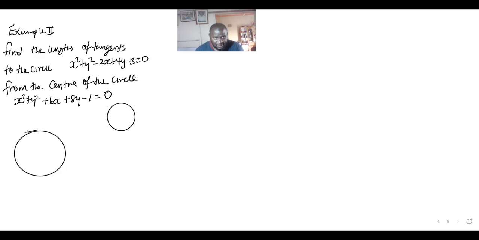This is the tangent whose length we are finding from the center of this other circle. This one also has its own radius, remember? We also have to find the distance from this center to this center.